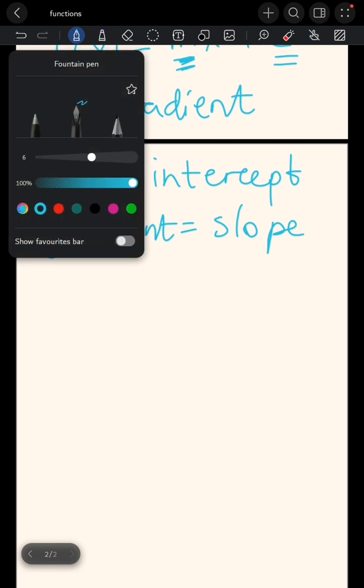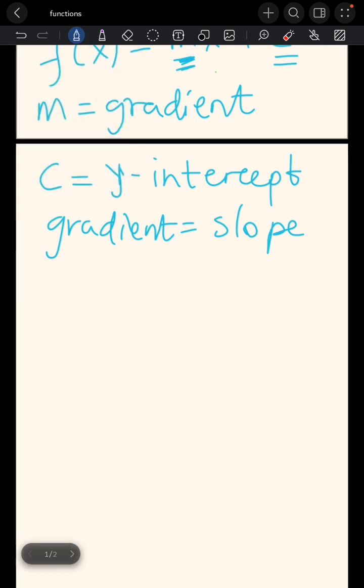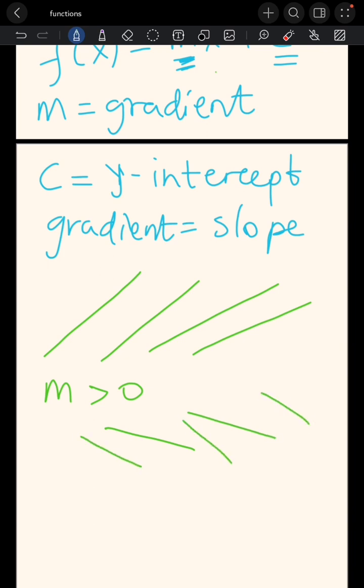So let me start with the first line. I said any line that looks like this or whatever the case may be, but is lower on the left hand side, has a gradient of positive. Any line that looks like this or whatever the case may be, is lower on the right hand side but higher on the left, has a gradient of negative. So m is going to be less than 0.